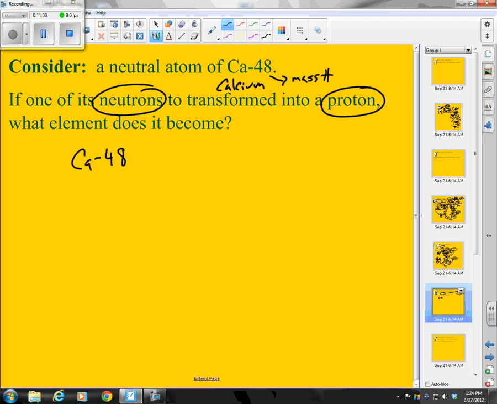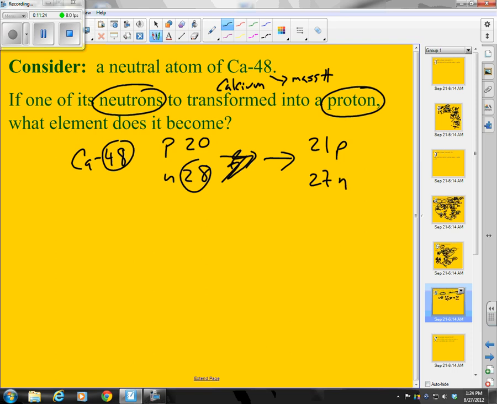When I look on my periodic table, my calcium has what? Looks like a 20. So that means it starts off with 20 protons, and if this is 48, it must have 28 neutrons. Now I say this is transformed, and one of my neutrons becomes a proton. So that means I have 21 protons, and now I have 27 neutrons. Does this change my element is the question.